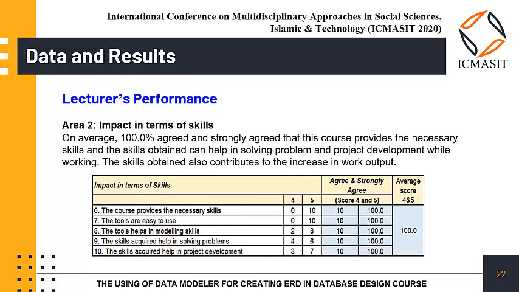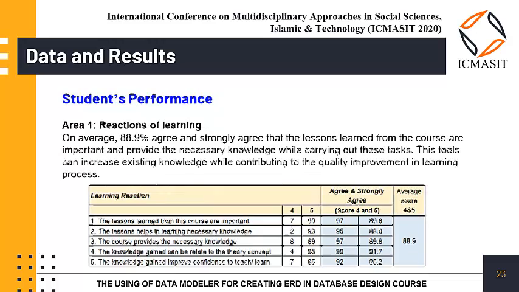For area 2, impact in terms of skills, on average also 100% of lecturers agree and strongly agree that this course provides the necessary skills, and the skills obtained can help them in solving problems and project development while working. The skills obtained also contribute to an increase in work output.